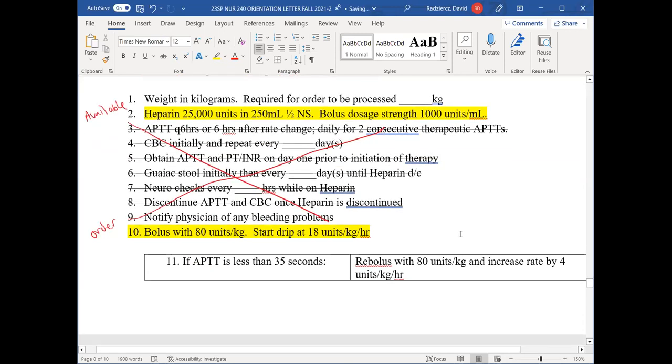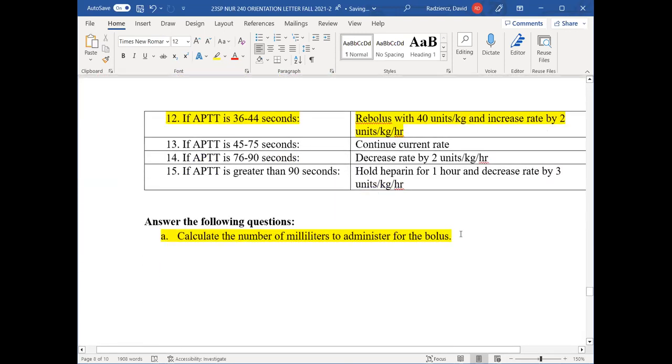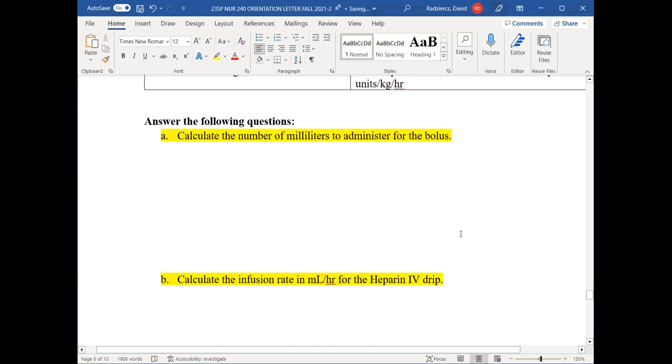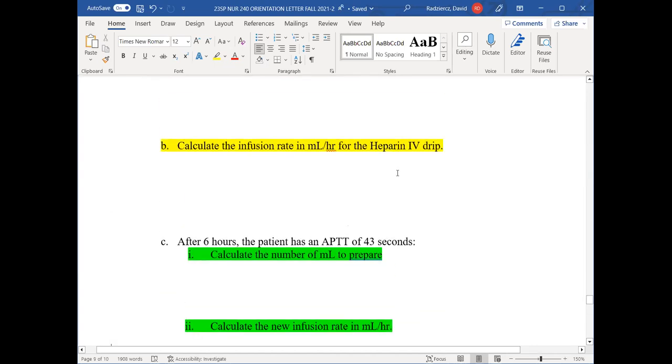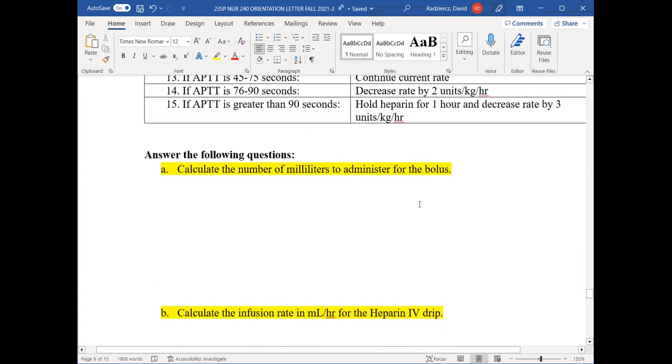Just as a review, because you have seen a similar question before, they're going to ask you two questions. They're going to ask you to calculate a bolus, and they're going to ask you to calculate an IV drip, or an infusion rate, a flow rate. In the practice, I gave you four samples, but in reality, you're just going to get two: one bolus and one flow rate.